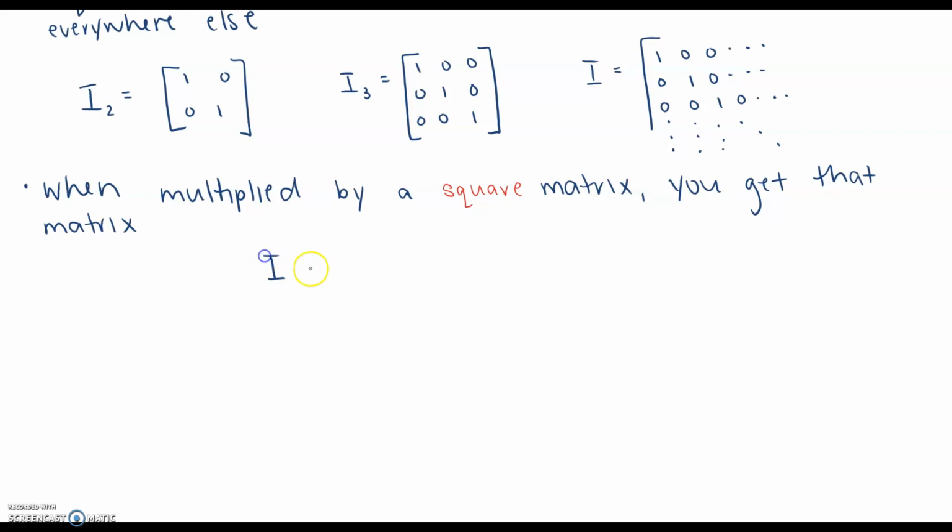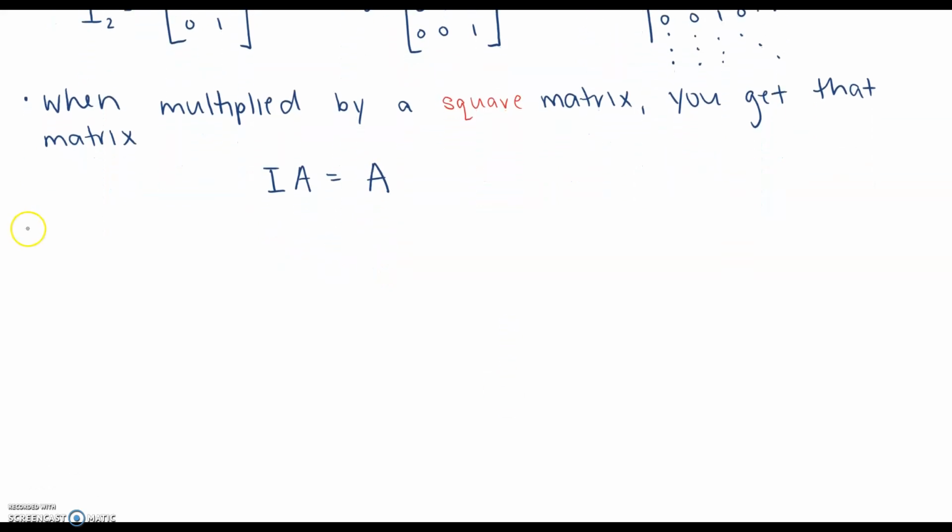So an identity matrix times a square matrix A, you're left with A. And interestingly, this also happens when you multiply that square matrix A by the identity matrix.